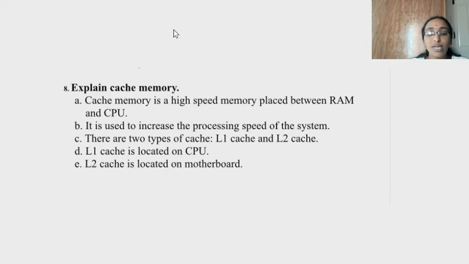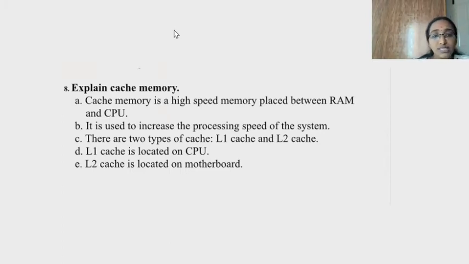Hence, it is used to increase the speed of processing. Data you repeatedly use is stored in cache memory and used whenever required, so you can speed up your processor.